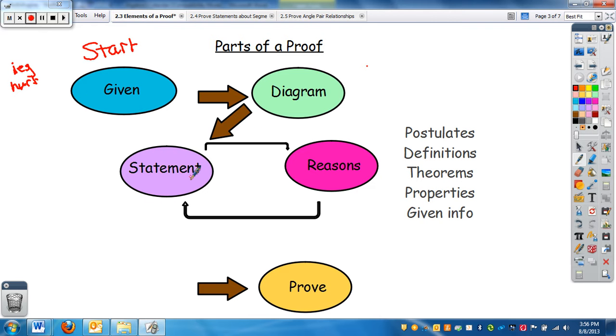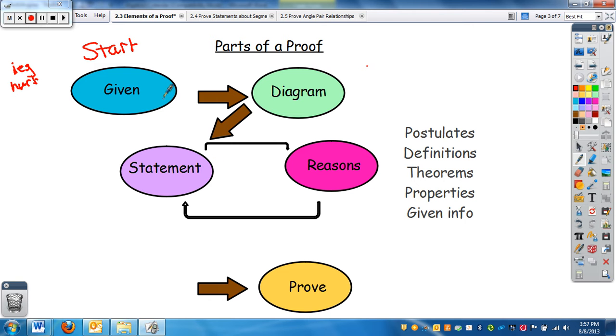Your statement: the x-ray shows that it is broken. Why is it broken? Well, you can see the crack in there, so that would be a statement and a reason. And there could be swelling. Why do things swell? Well, from history or from medical records, we know that there's swelling when there's something wrong. And then you can get to your conclusion.